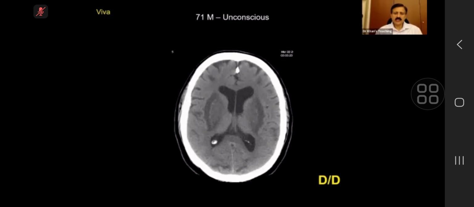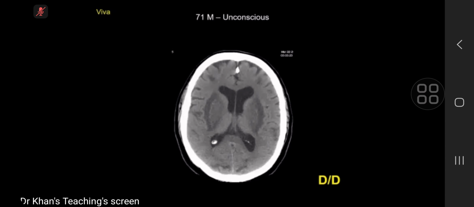Okay, so what is the differential diagnosis of bilateral basal ganglia abnormalities? Systemic causes from toxicity will be my first differential. Carbon monoxide poisoning, lead poisoning, that kind of thing, methanol toxicity.